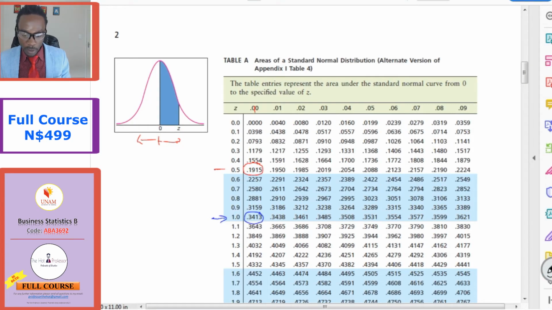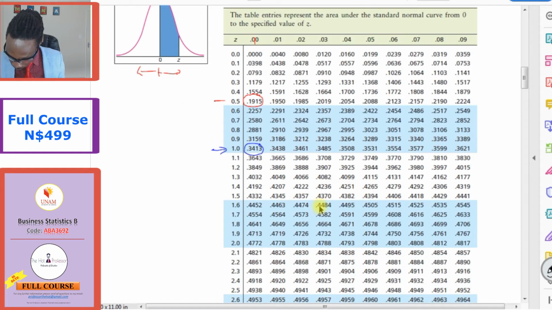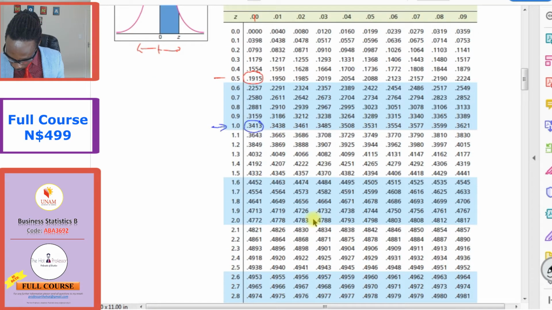Remember, we want this particular shape, from 0 to Z. So 0.485 is right here.